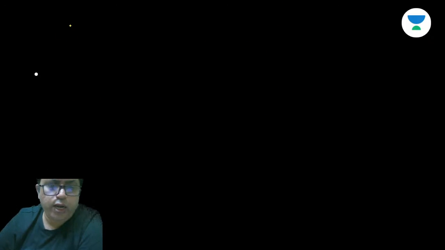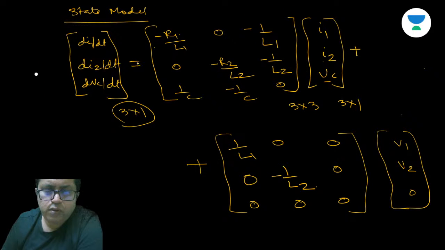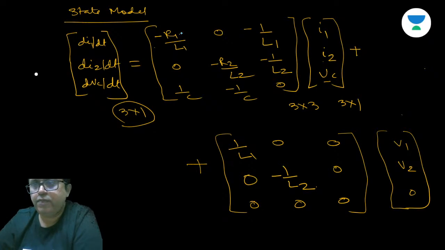So we will calculate the A matrix. What is the A matrix? See here, minus R1 by L1.